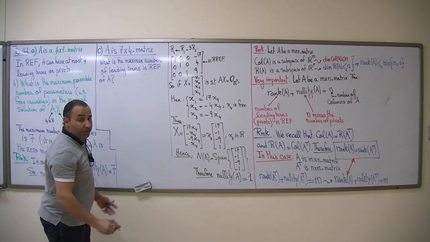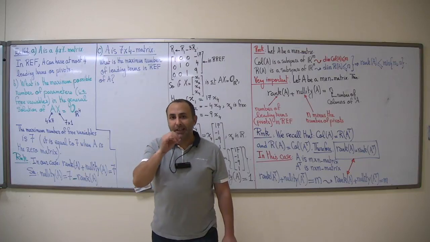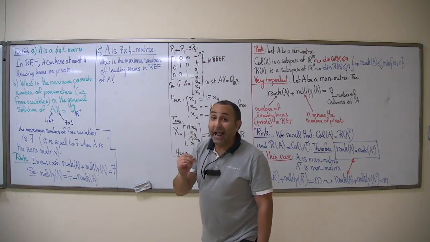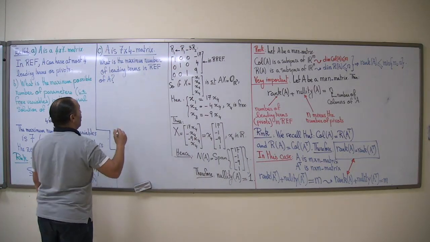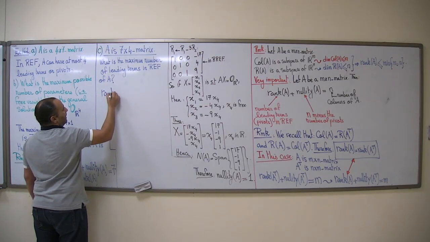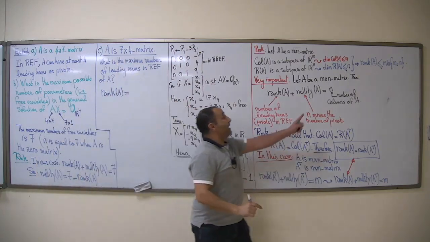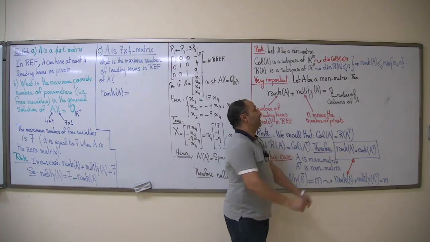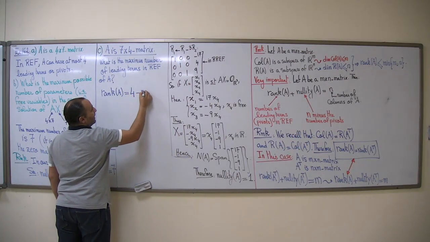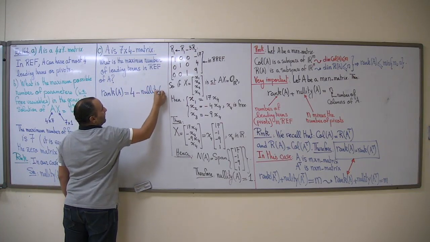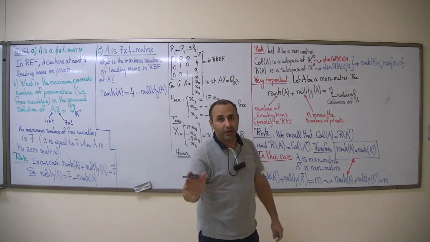Okay, leading terms are pivots. So we know that the number of leading terms is going to give you the rank of the matrix A. So we know that the rank of A is equal to n, in our case 4, minus the nullity of A. Everything here are integers, greater than or equal to 0.